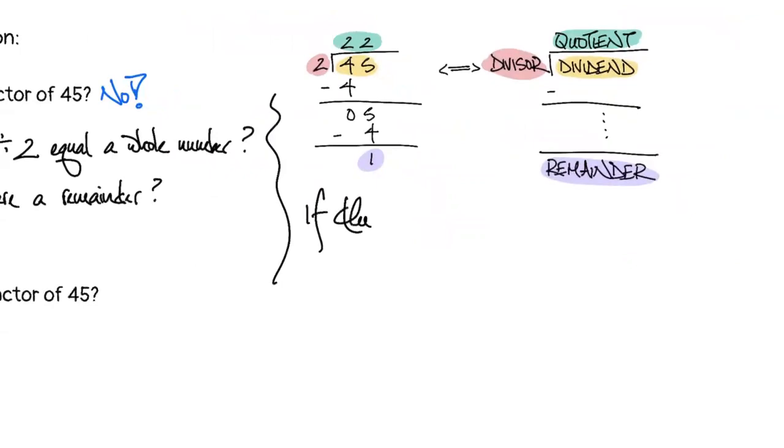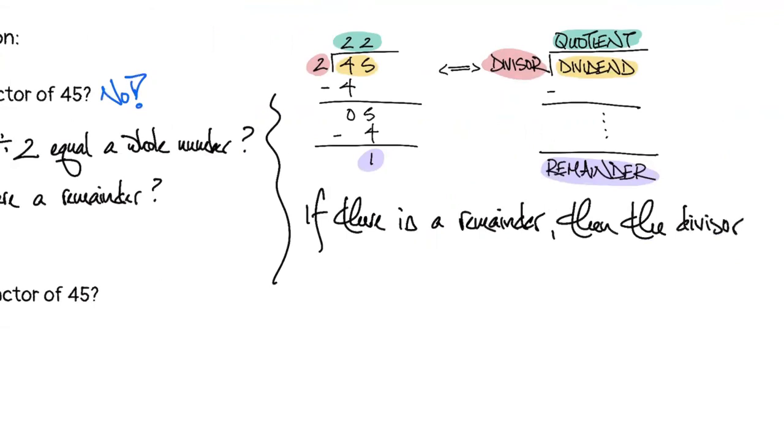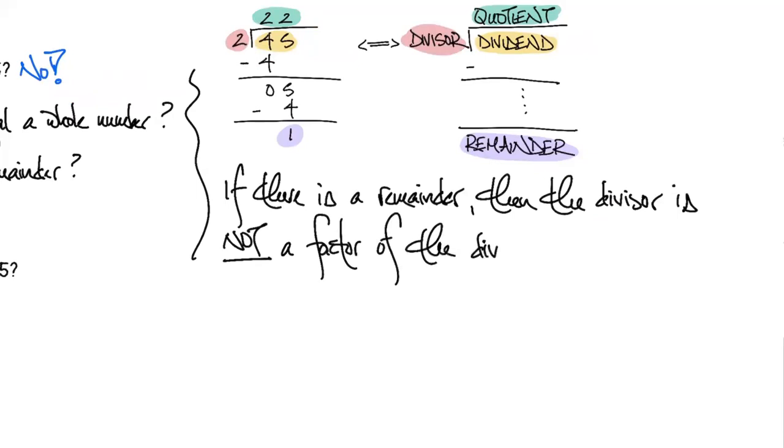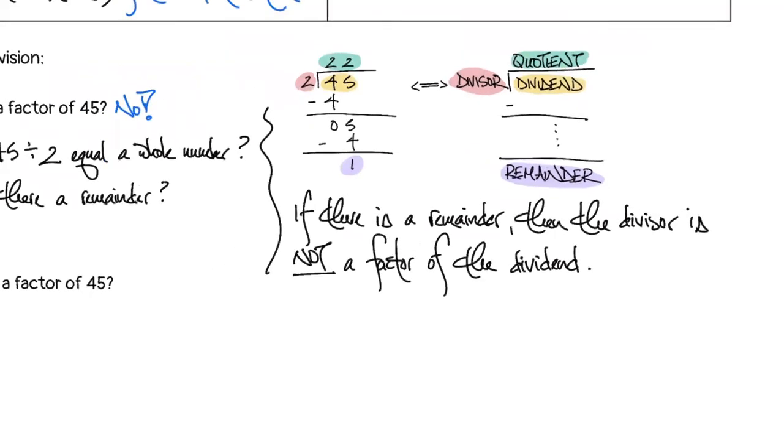If there is a remainder, then the divisor is not a factor of the dividend.